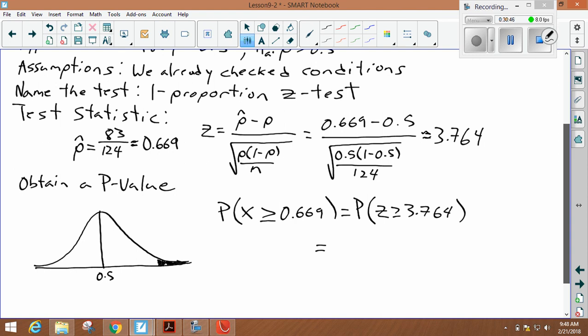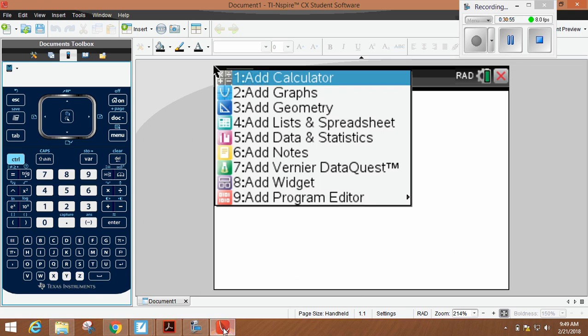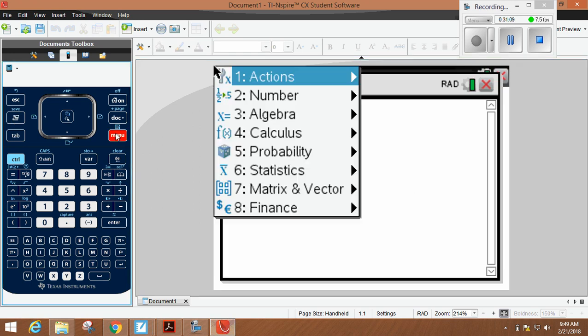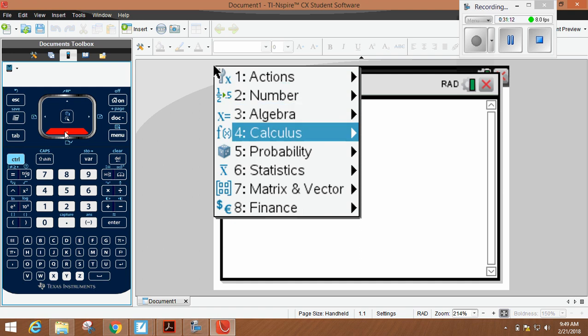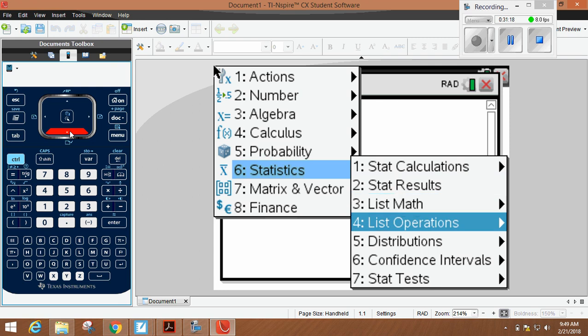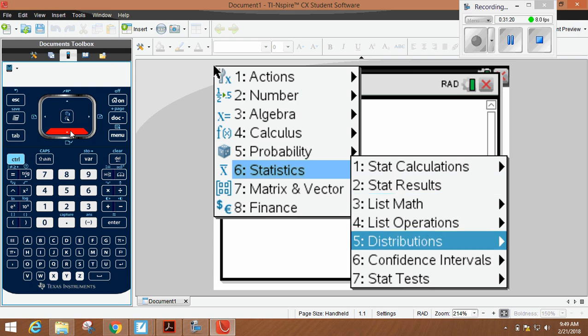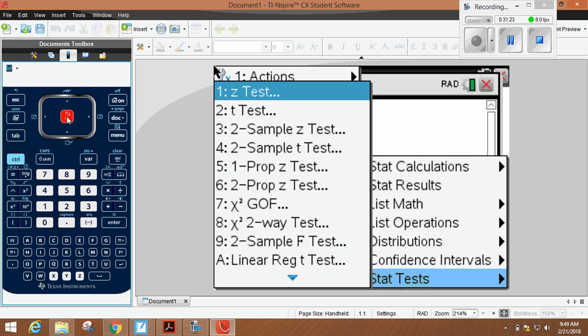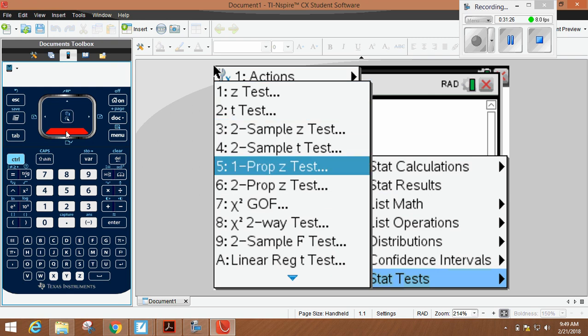So let's go ahead and get an actual value. I'm going to go through this all in our handy dandy calculator. So let's do a one sample z-test on our calculator. I'll hit menu and then go to statistics. We're going to look at stat test. We're going to do a one proportion z-test.